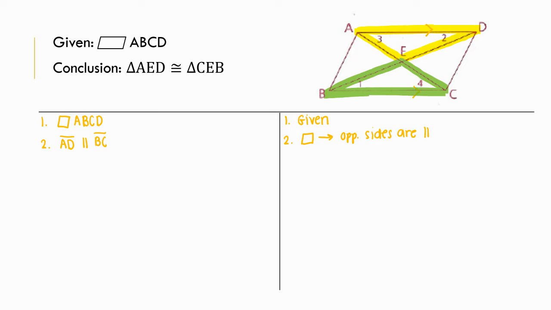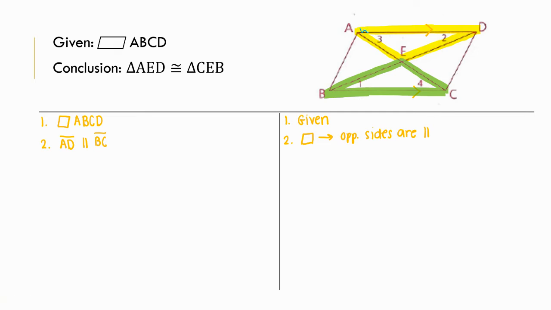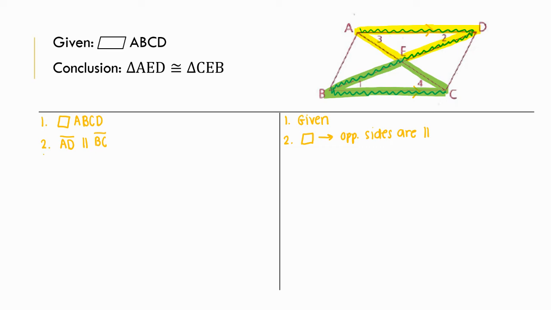Okay, notice that we have several different transversals in this picture. So I'm going to highlight with my parallel side. Let's use this transversal of DB. And now this other side we just said was parallel. Notice that what I just created was the letter Z. And so when you have the letter Z, remember that means you have alternate interior angles.